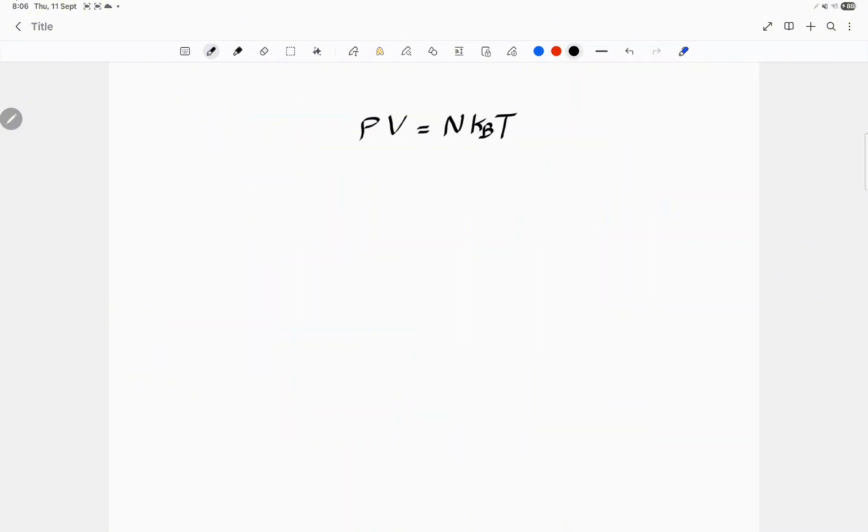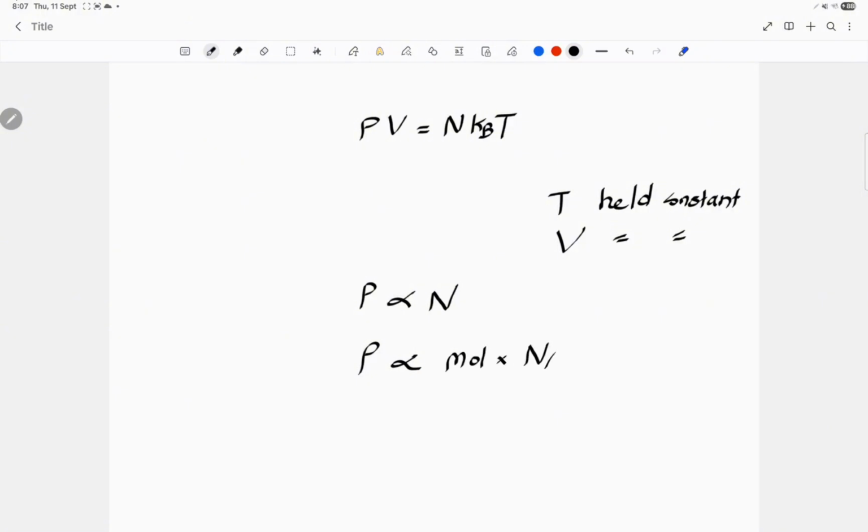Now, according to this equation, basically, we can say that if temperature is held constant, if volume is held constant, in that case then, pressure will be directly proportional to the capital N. Okay? And the capital N is basically equal to the mole times Avogadro's number.